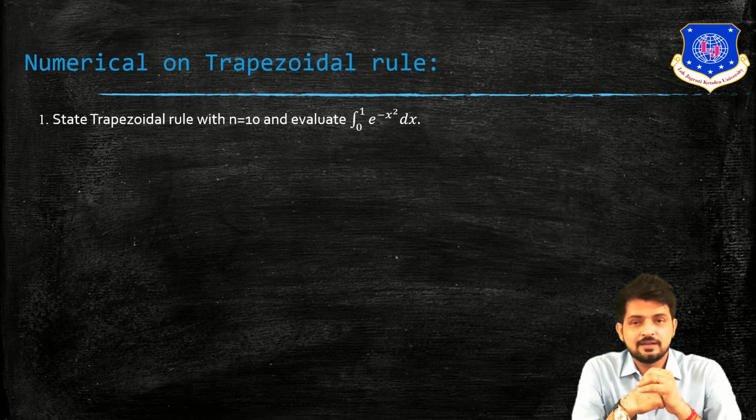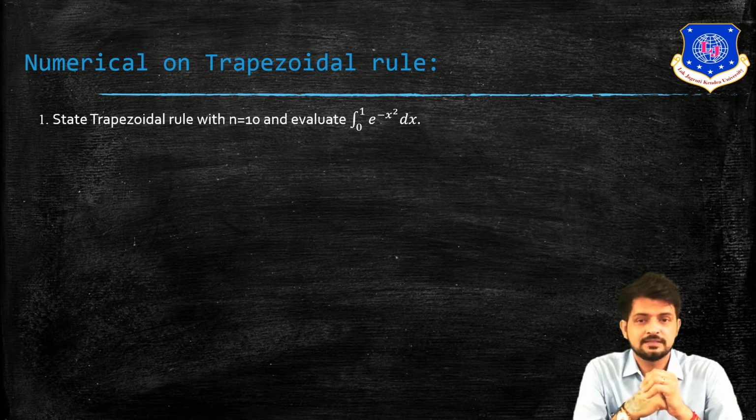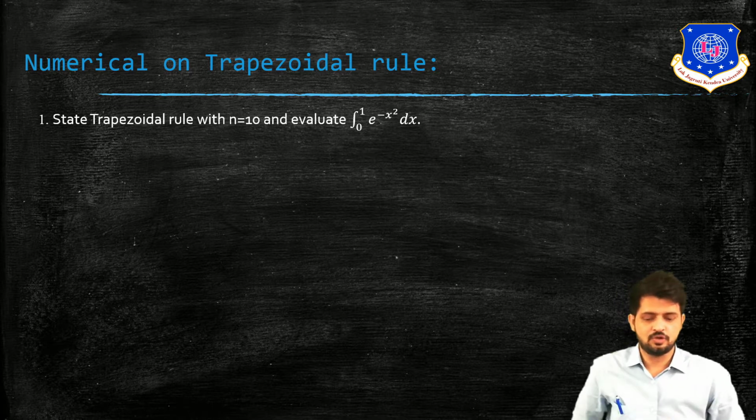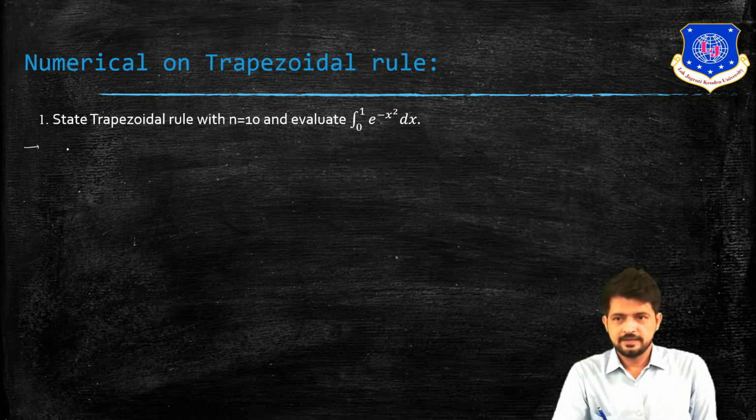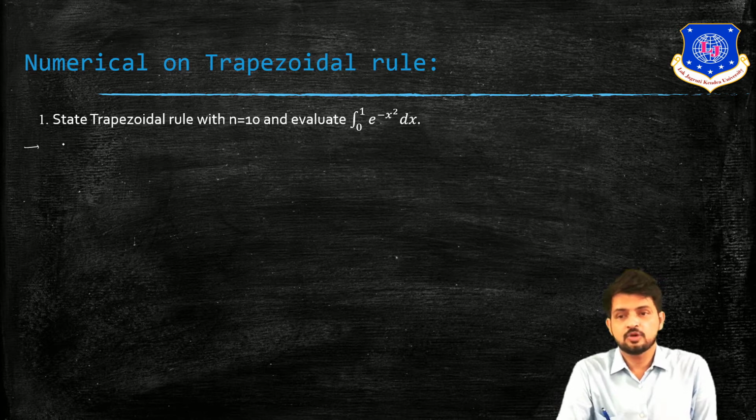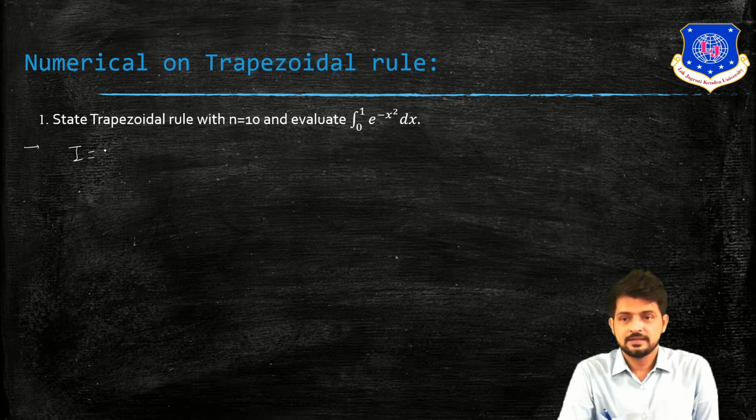This is the given numerical. State the trapezoidal rule with n equal to 10 and evaluate the integral from 0 to 1 of e raised to minus x square dx. Let us solve this sum. First of all we have to write the formula for the trapezoidal rule for n equal to 10. What will be my integral from x0 to xn of f of x dx?